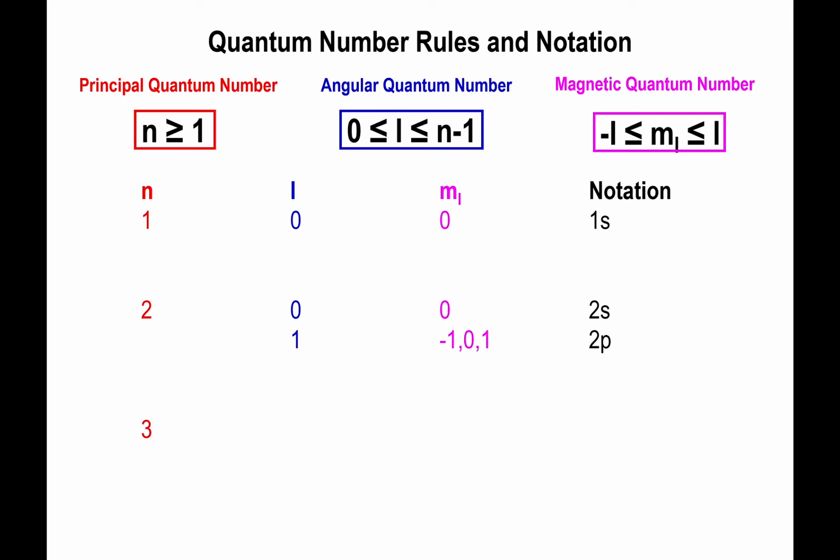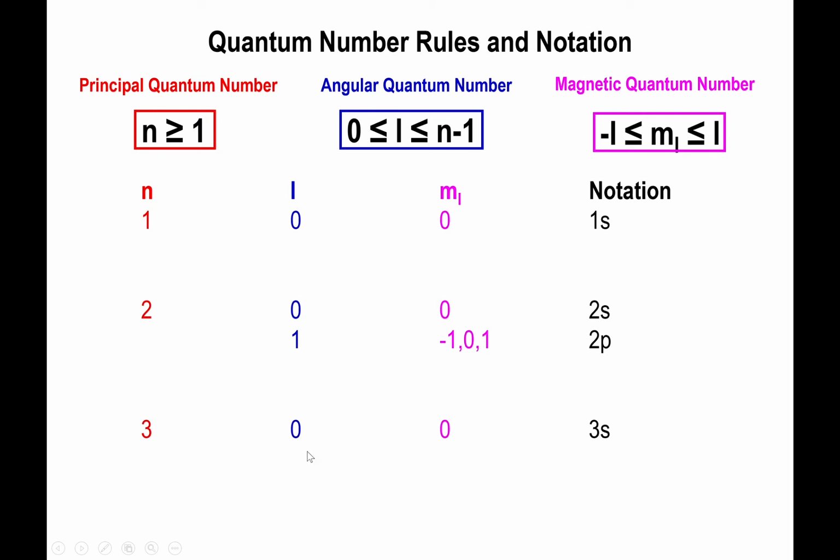All right, let's take a look at the third energy level. In the third energy level, we can go up to a value of L of 3 minus 1, in other words, 2. So we can go from 0 to 1 to 2, and each one of these things represents a possibility for the value of L. If L is 0, M sub L has to be 0, and if L is 0, we're dealing with an s orbital.